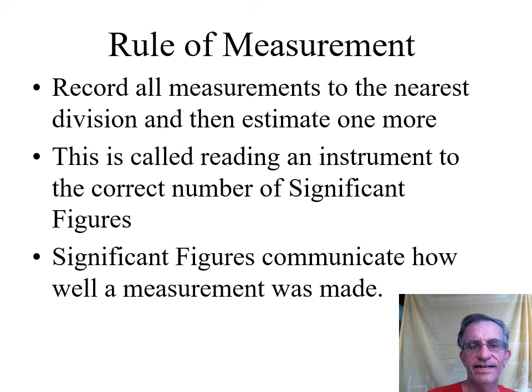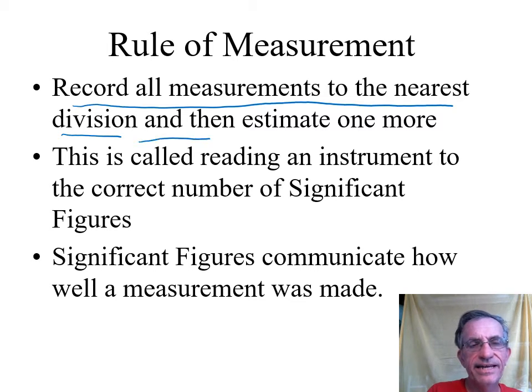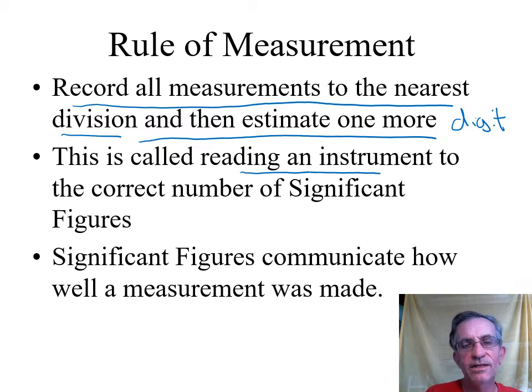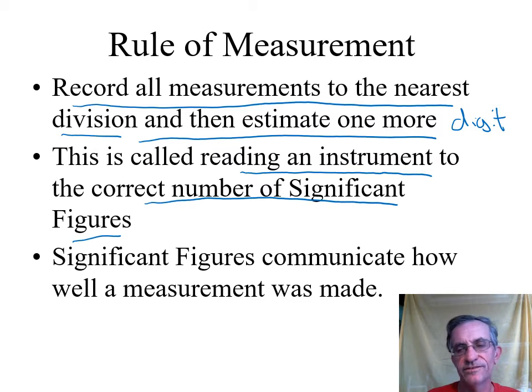Any measuring device, the way that we read it is we record all measurements to the nearest division, and then we estimate one more digit. You always estimate one more digit. This is called reading an instrument to the correct number of significant figures.